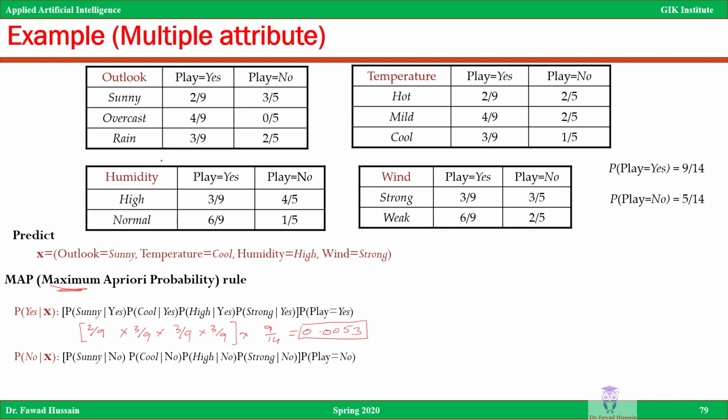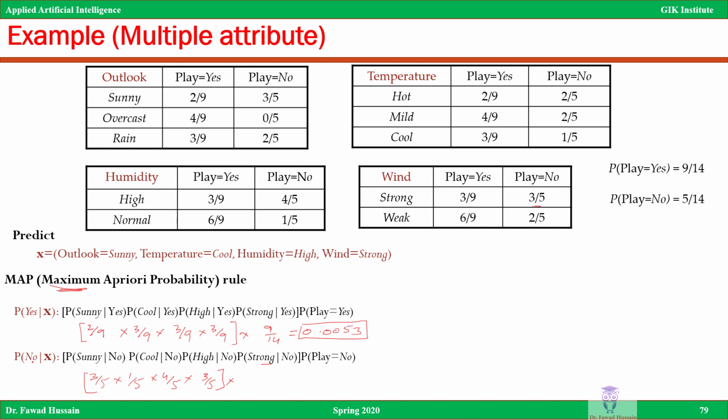So what's the probability of sunny given no? This is 3 by 5, multiplied by cool given no, which is 1 by 5, multiplied by high given no, which is 4 by 5, and strong given no, which is going to be 3 by 5.